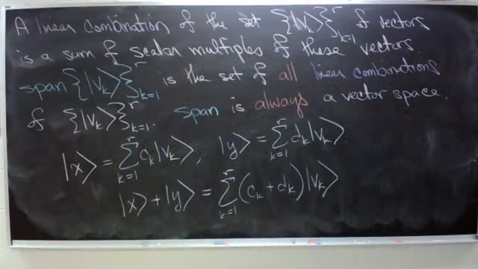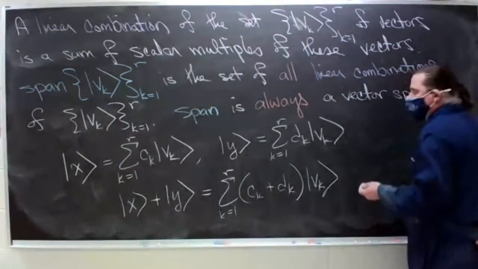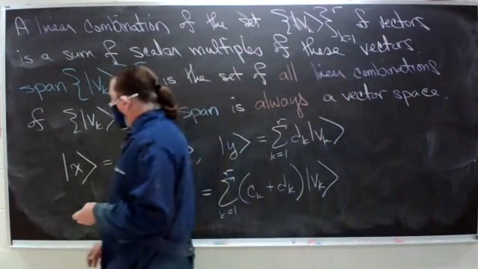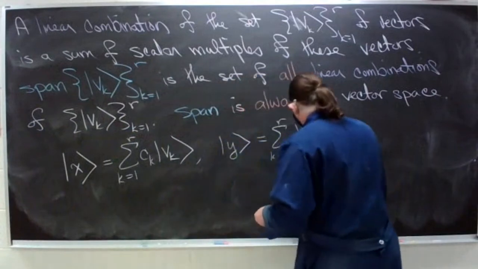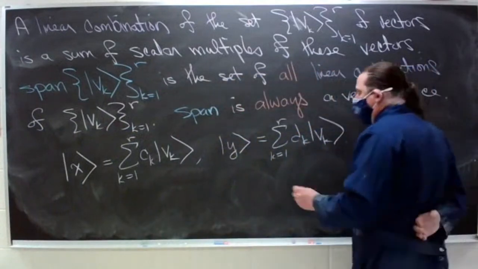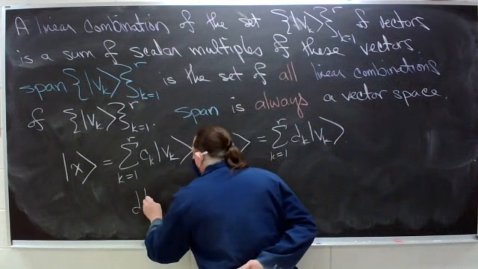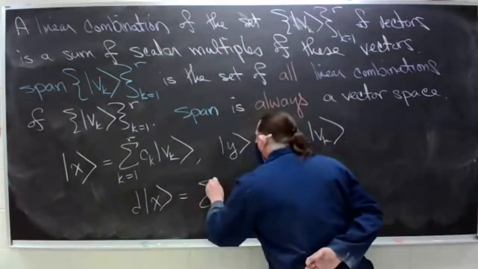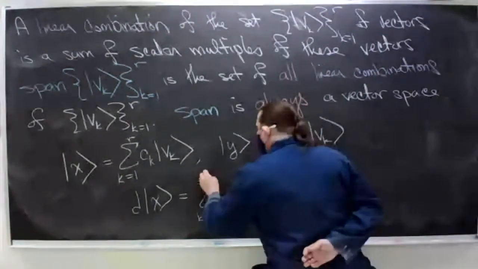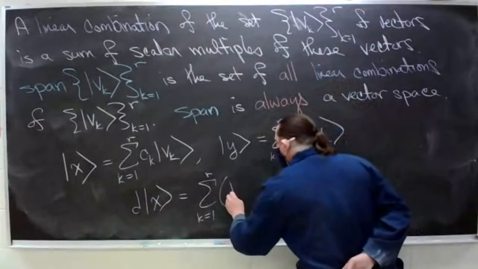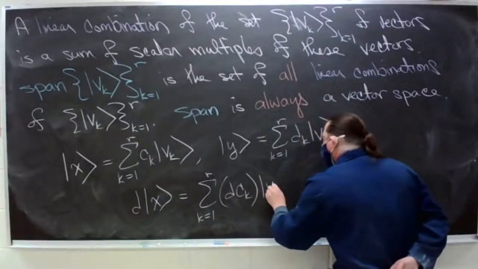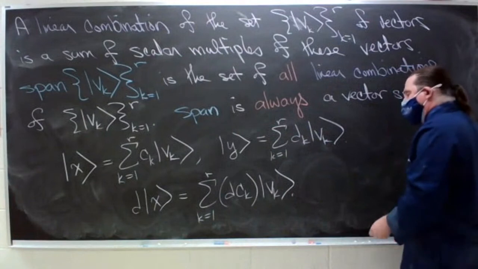What if I did a scalar multiple of one of my vectors in the span? Well, if I multiplied by d, I could say d times x, once again, using the distributive property, and then the associative property for scalar multiplication, I would have that.